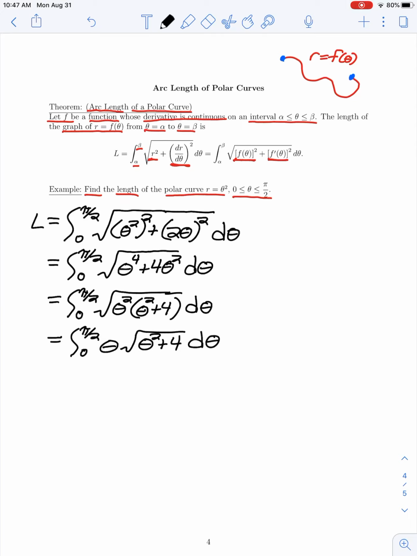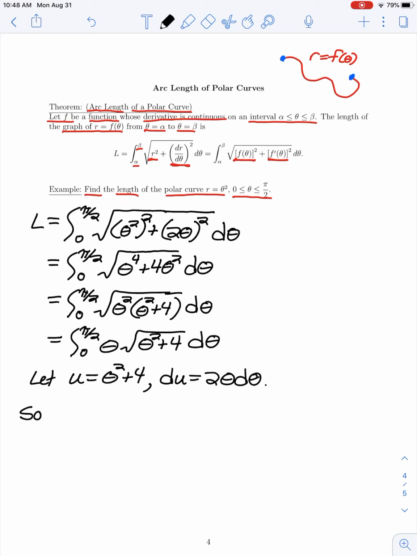So at this stage, I can find my antiderivative of this function by using a substitution. I'm going to make the substitution u is equal to theta squared plus 4, the inner function in my composite function, so that du is given by 2 theta d theta.